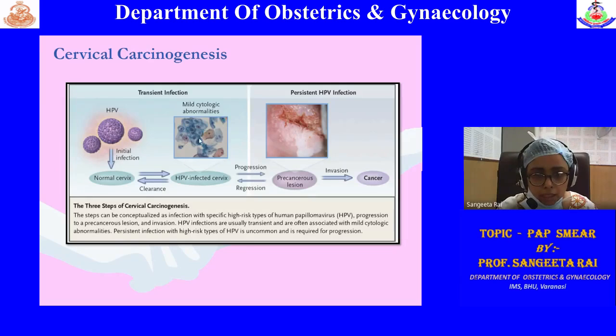But if the patient has good immunity and no risk factors, then it will be cleared off. They have the tendency to clear this HPV infection, which causes regression to the normal epithelium. But if there is progression, then it leads to a precancerous lesion, and if there is invasion, then it leads to cancer of the cervix.